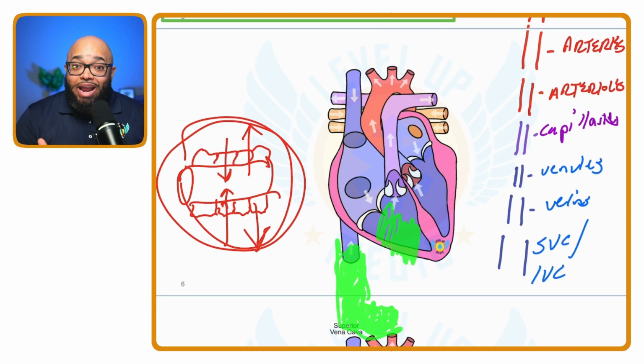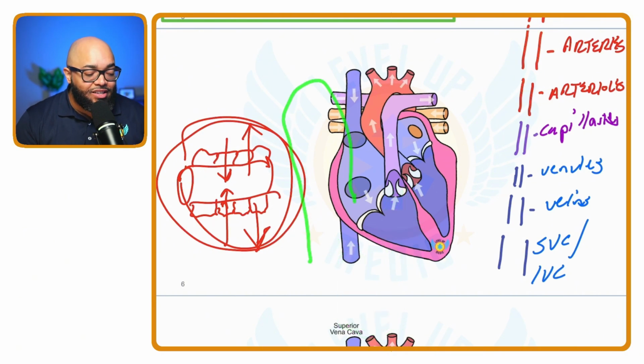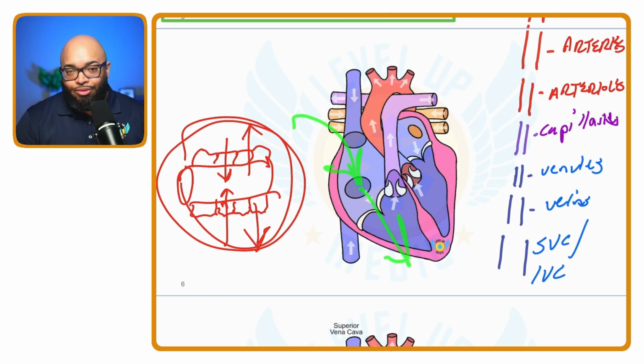So in essence, blood is not pumping effectively out of the right ventricle, and you're not allowing blood to come back into the right atrium. So blood doesn't come into the right atrium, and blood doesn't go out of the right atrium or right ventricle. So you've affected them in multiple ways. There's a likelihood that you could cause death.